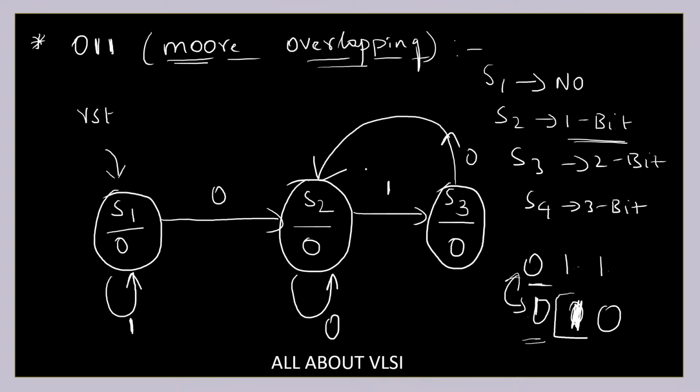Now in S3 state, you got 0, 1, and if you get one more 1, then your sequence has been formed. 0, 1, 1 has been formed. Now where should I go? What should be my next state if I'm in my S3 state and if my input is equal to 1?